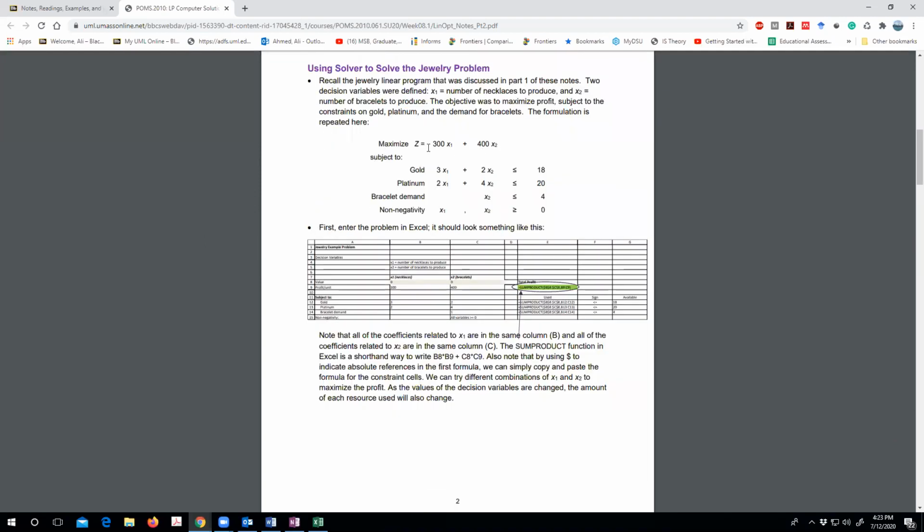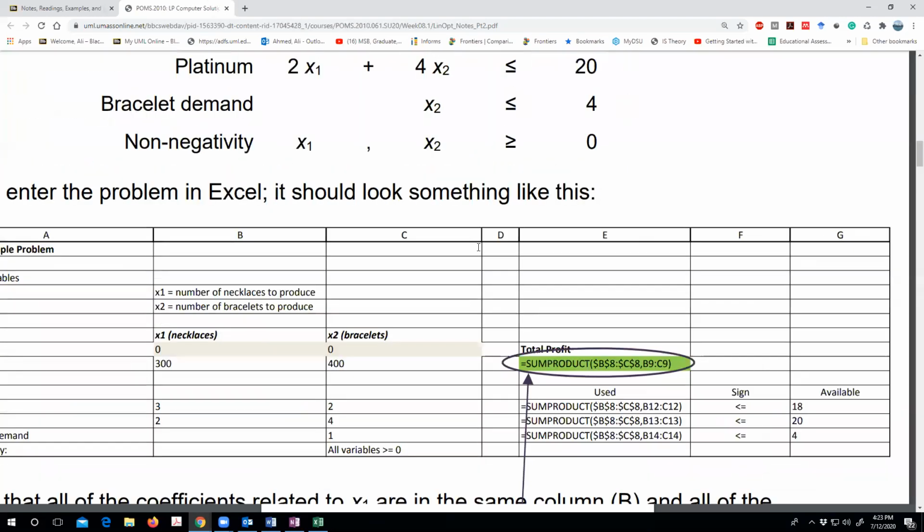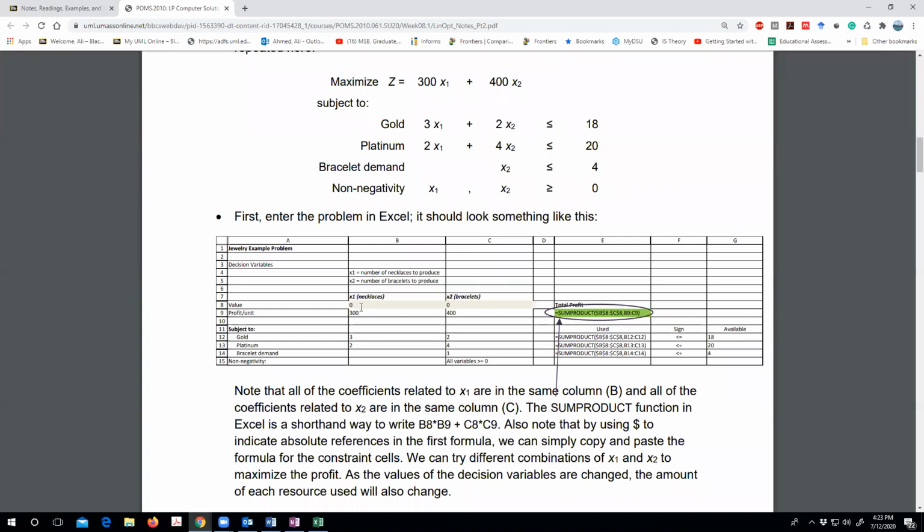Here we had this kind of objective function, and then we have all the constraints one by one. So what we did here, we put a column for the first constraint, the first variable, second variable, and then profit. And this formula is always important, SUMPRODUCT.